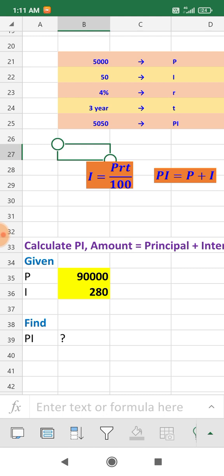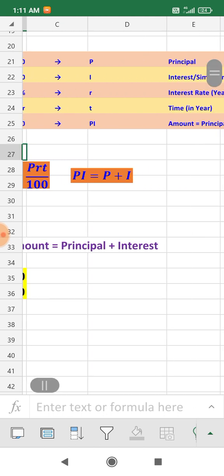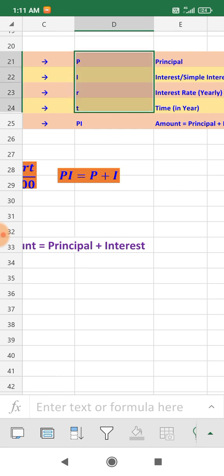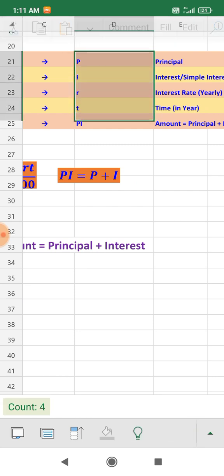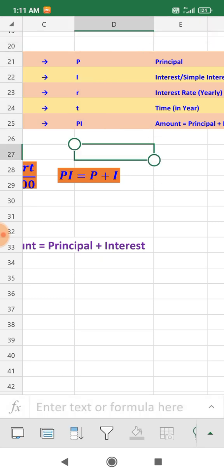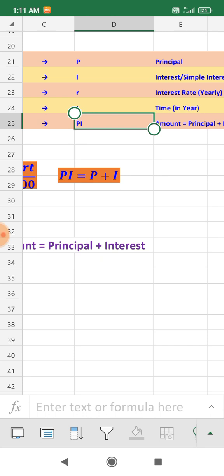Nothing more than that. Now, read the question properly. Check which of these 5 are given in the question, and which variable we have to calculate.